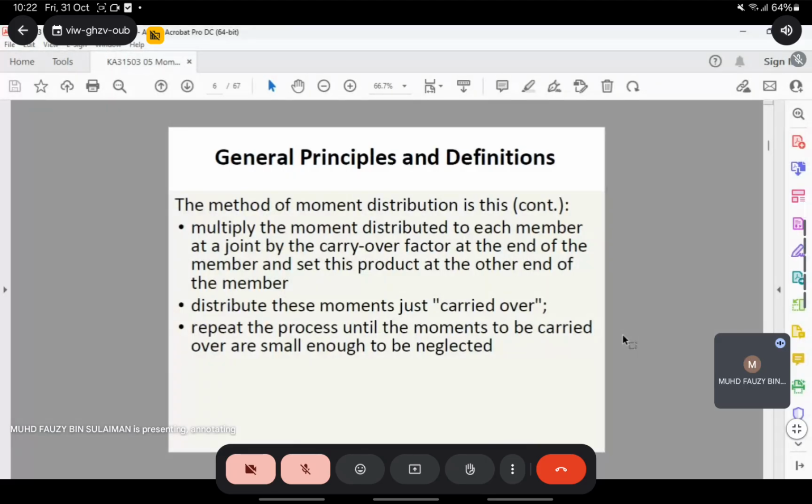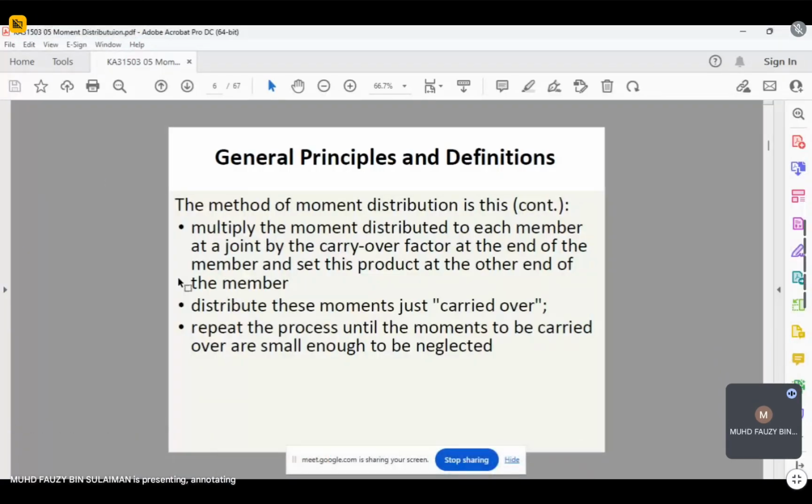Okay, and then you have to multiply the moment distributed to each member at the joint by the carryover factor. Carryover factor is fixed to be 0.5. The K, that we call stiffness, you have to find it. The F also we have to find it.